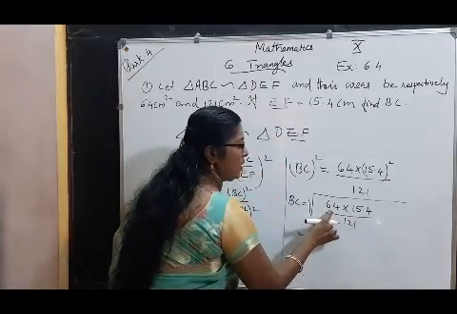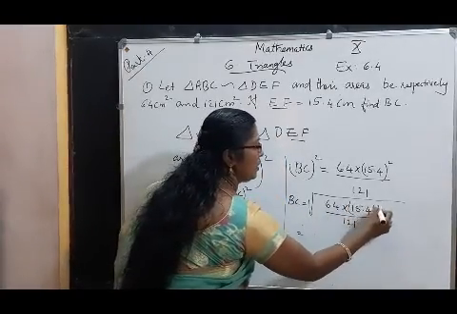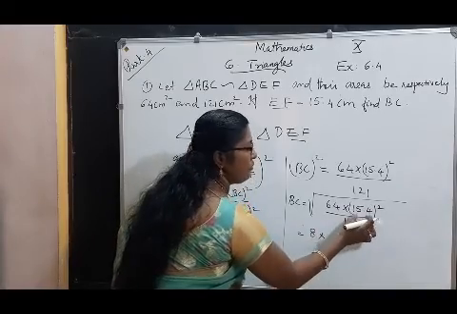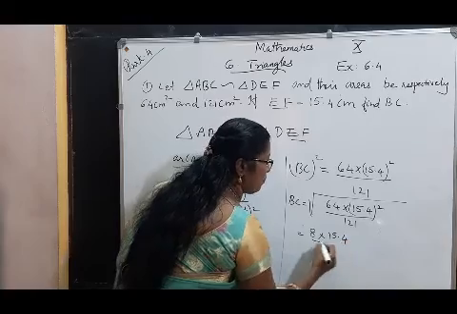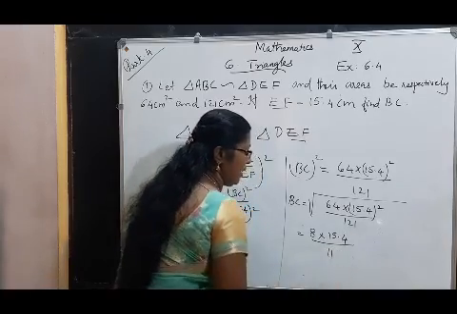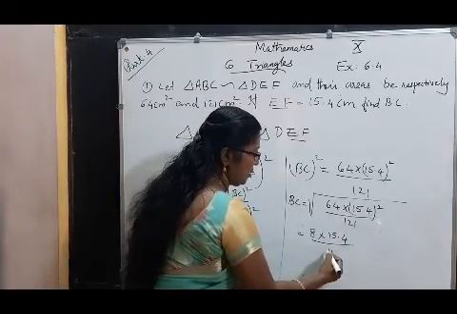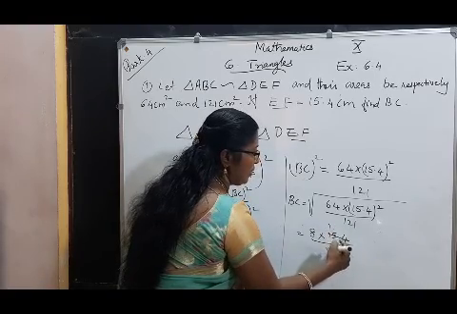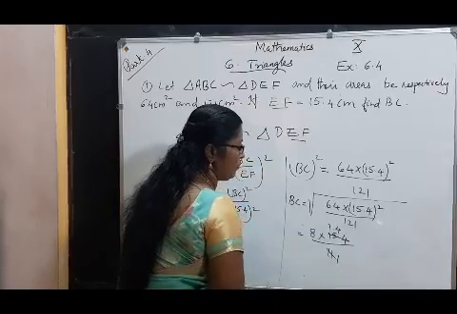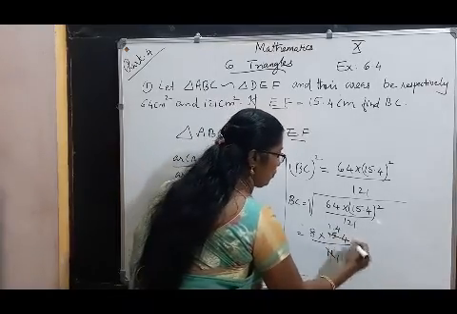What is root of 64? 8, into 15.4 by 11. Here 15.4 by 11 is 1.4, so 8 into 1.4.